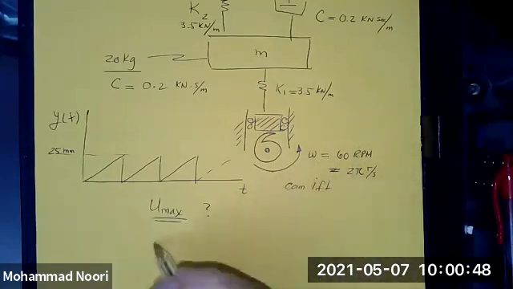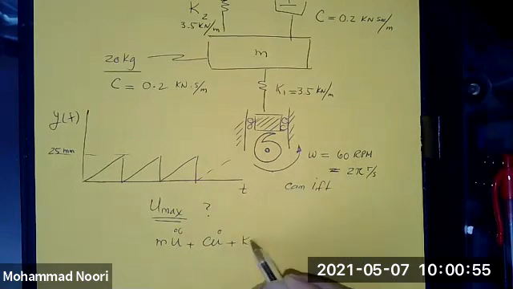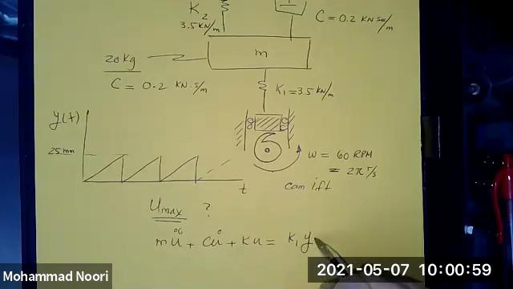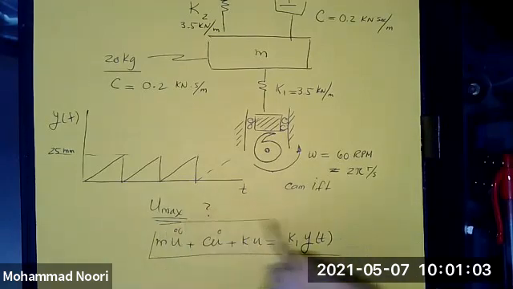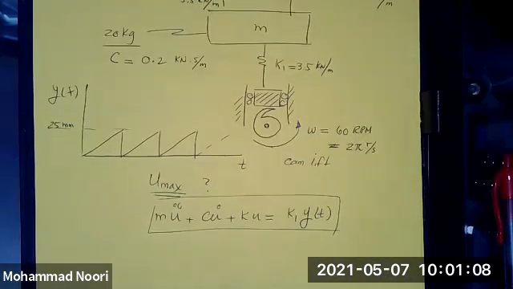That equation of motion would look like this then, right? If you set up the equation of motion, which we'll do next time, you see it would look like this. And we want to solve this problem and find the maximum displacement.